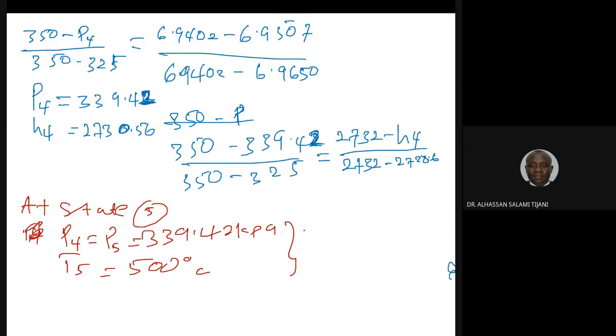But from the property table, we will discover that T5 is greater than T saturation at 339.42 kilopascal.